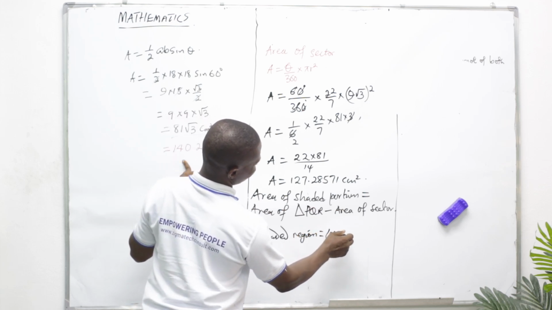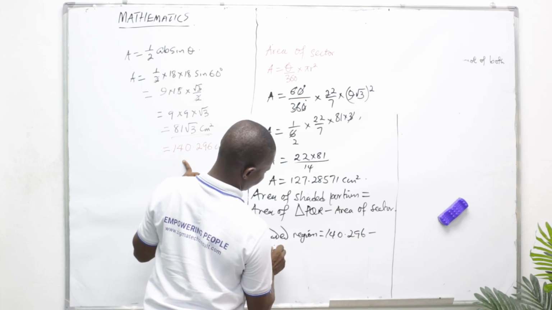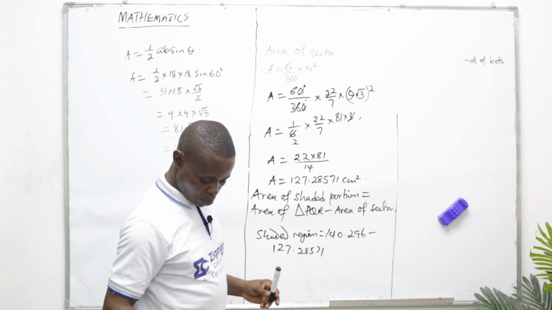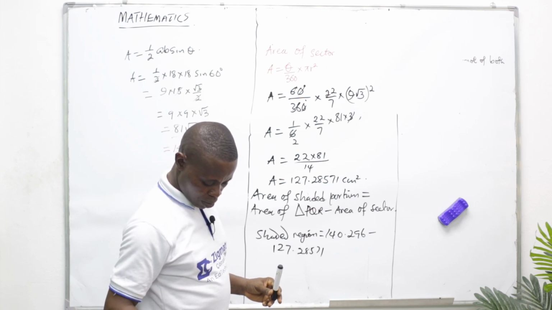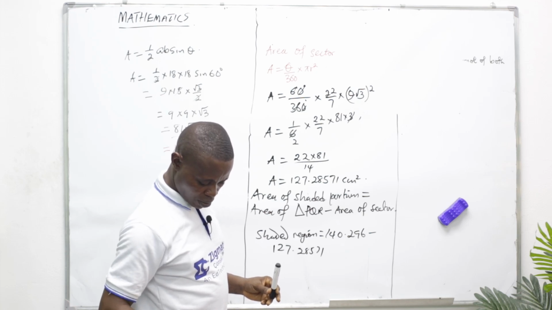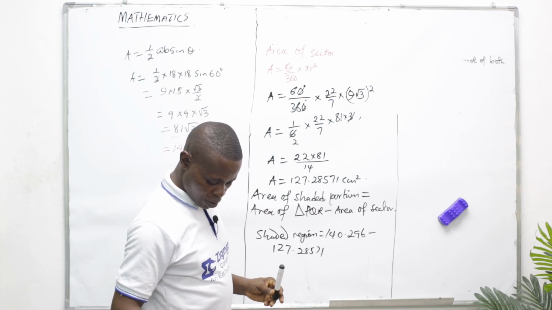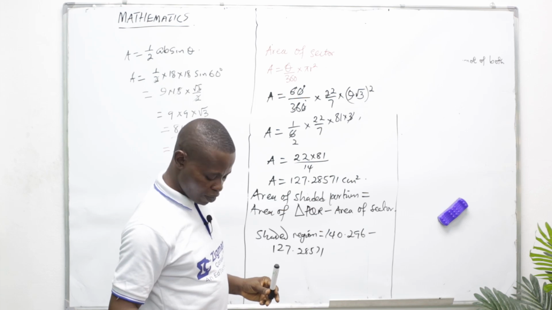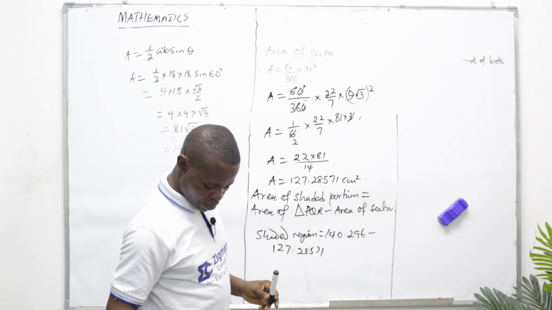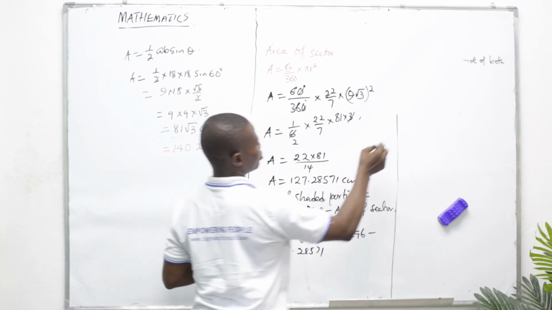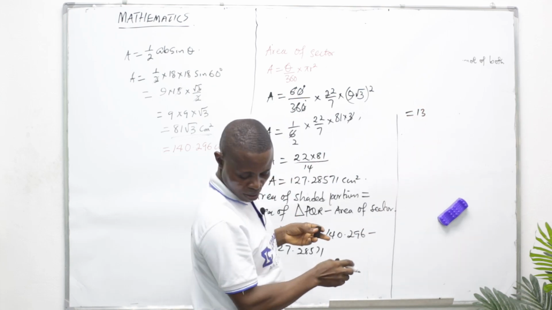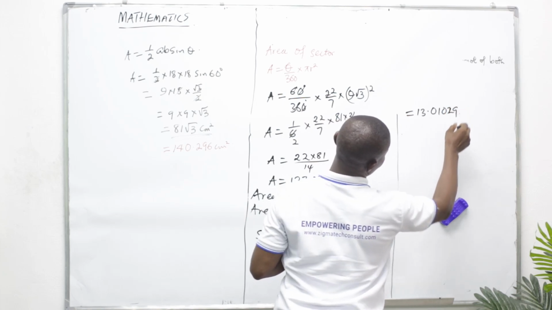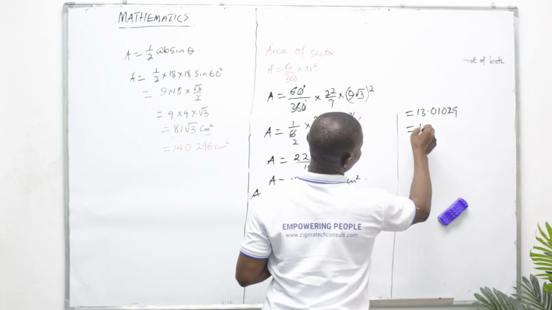Okay, so our triangle PQR, the area of the shaded portion or shaded region equals 140.296 minus 127.2857, that is 13.0101. This will give us 2 decimal places.